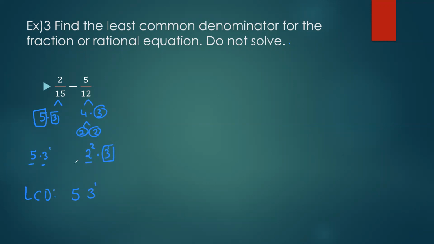Do you see it anywhere else in the bottom? I don't, so just bring that down. 2 squared. So put it all together, 2 squared times 3 times 5, that is 60. So your LCD is 60.